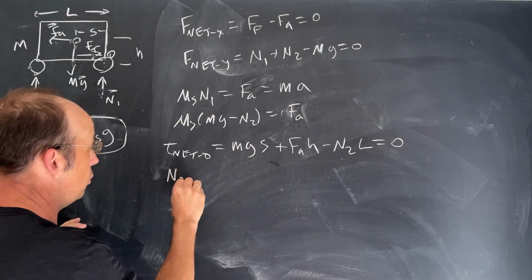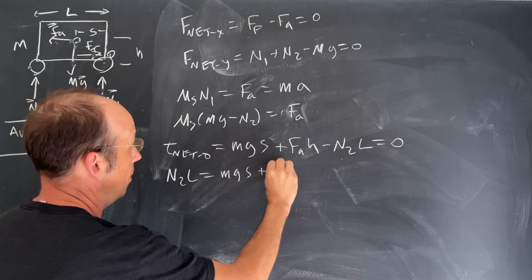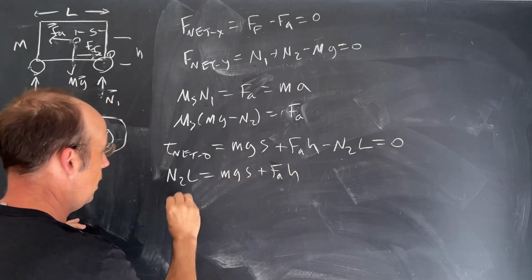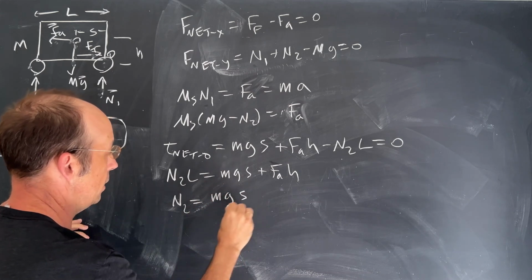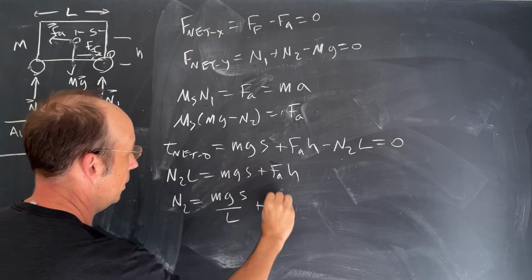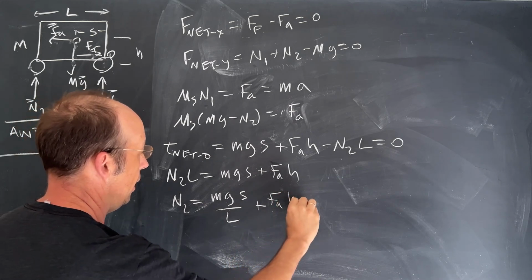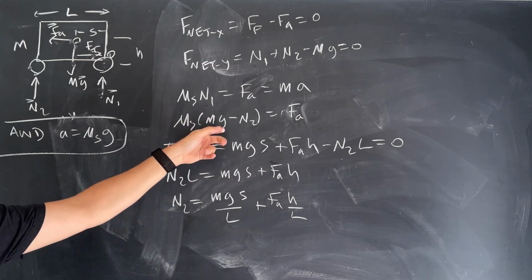I get N2 L equals mgs plus FaH. N2 equals mgs over L plus FaH over L.